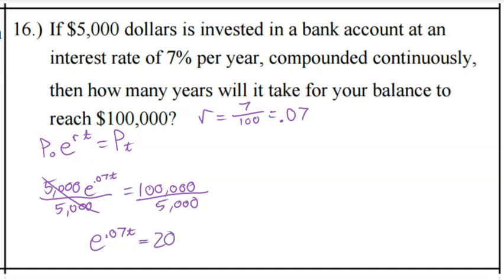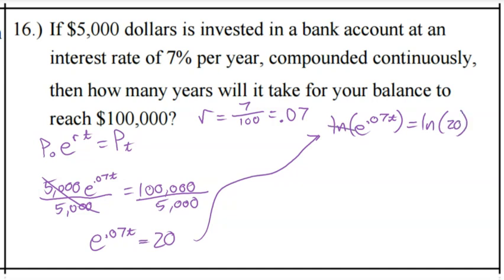Now, to cancel this e, we're going to have to do the natural log of both sides. So the natural log of e to the power of 0.07t is equal to the natural log of 20. Natural log of e will cancel, and we get 0.07t is equal to the natural log of 20.